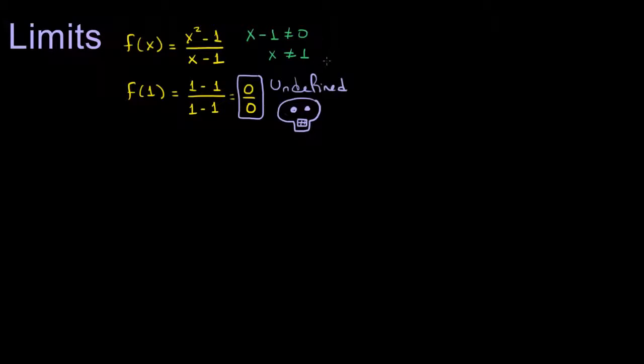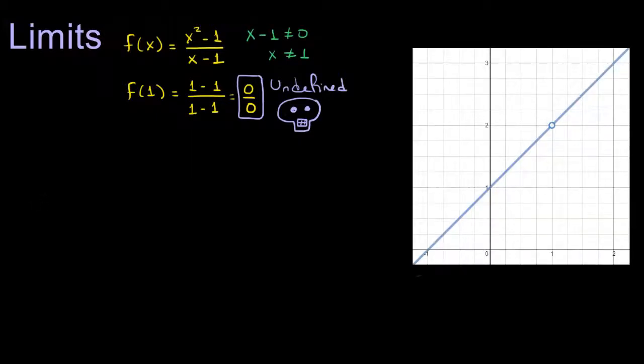Now I already have the graph for the f of x here. I'm going to place it here on the right, and here's the graph for this f of x. You should notice that this is an open circle, because I'm excluding the value of 1 starting from this condition.